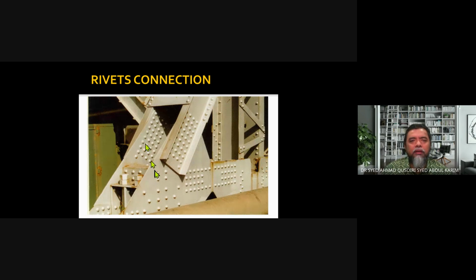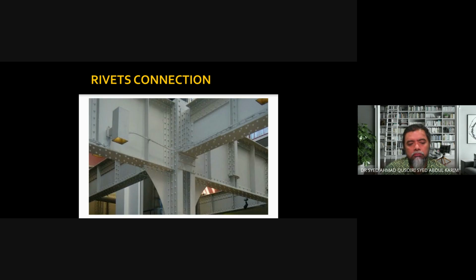Okay, so these are the rivet connections. You can see the button head at both sides of the connections. Okay, another example.